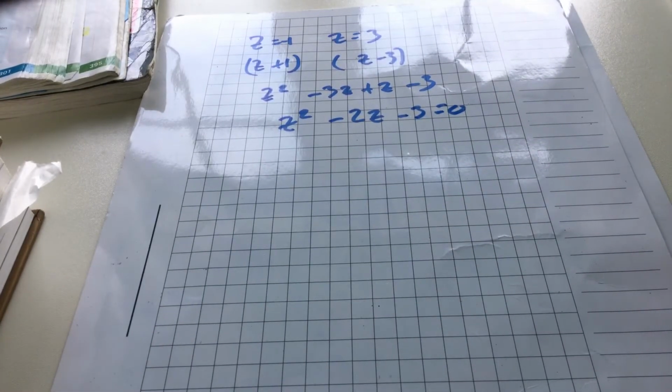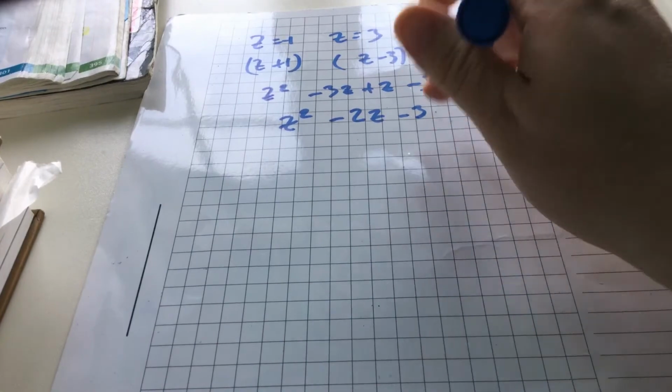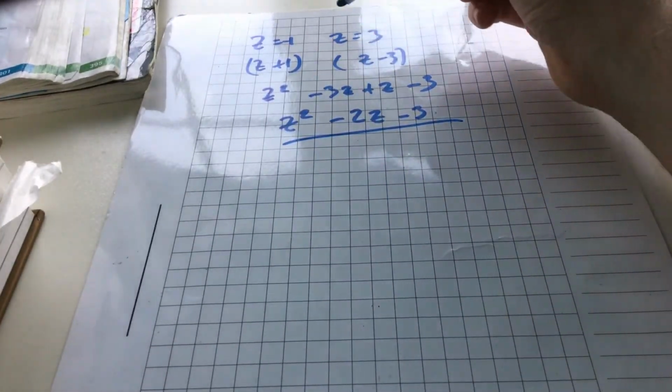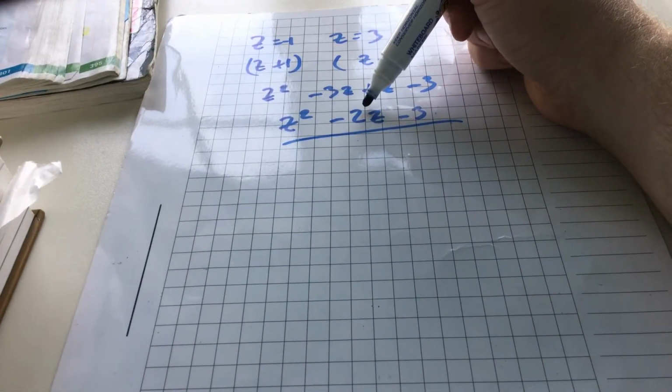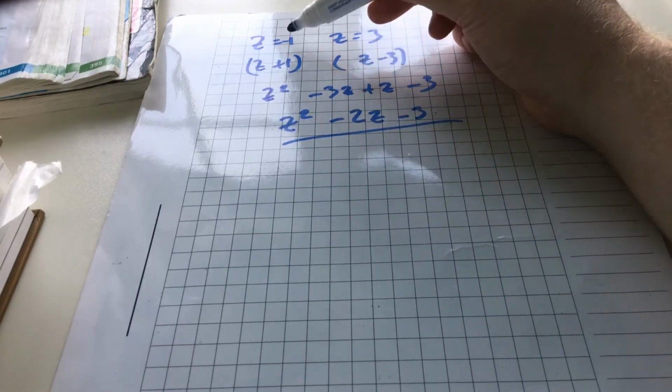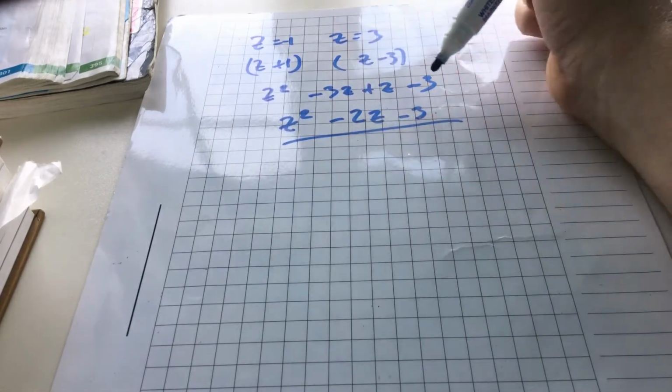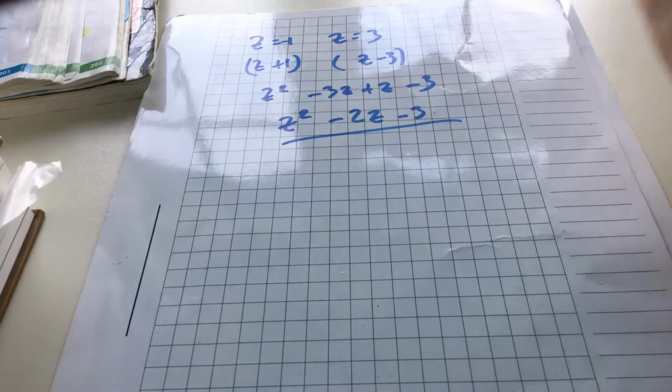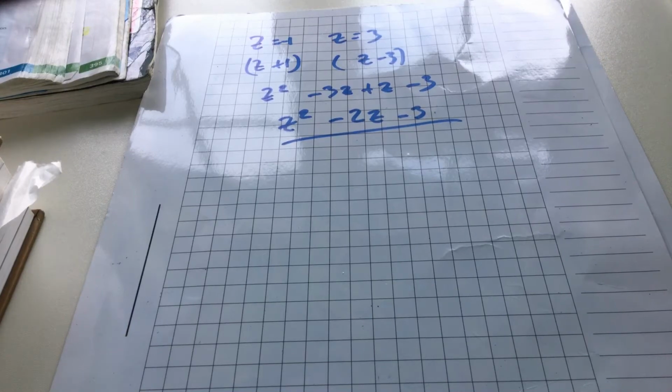That'll show it's a factor. Or you can do minus the sum of the roots, so 3 and minus 1 is 2, so minus 2, and then the product of the roots, minus 1 by 3 is minus 3. Hence, find the two non-real roots.